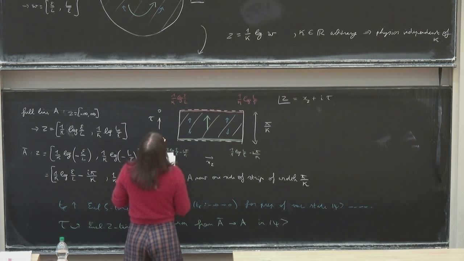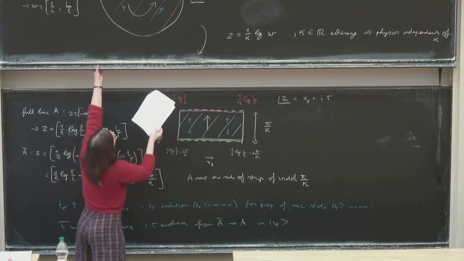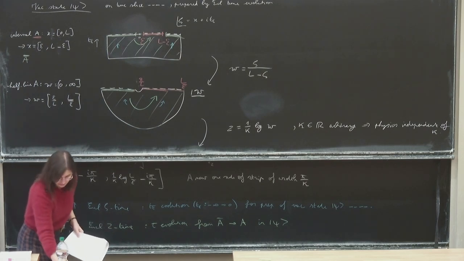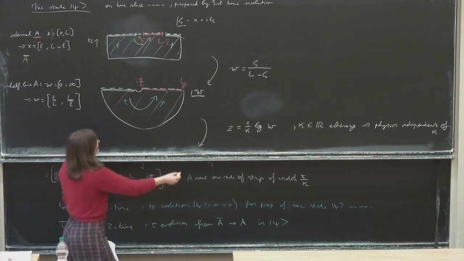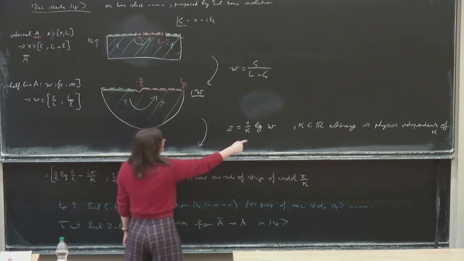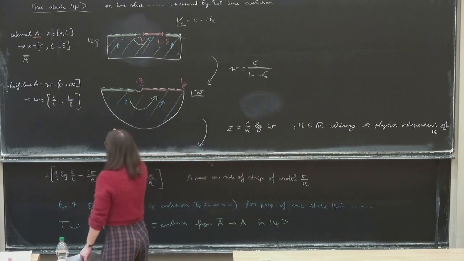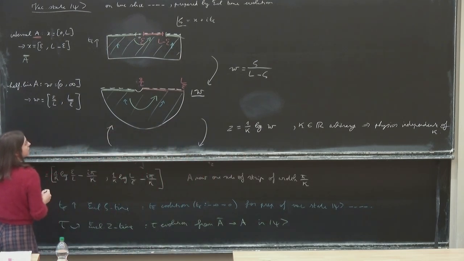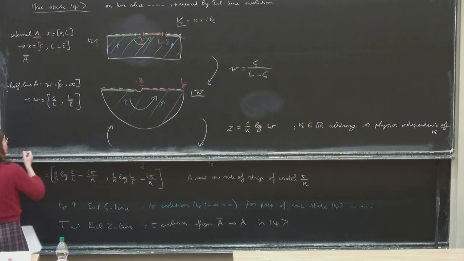Now let me look at the inverse map here. So I wrote this map from W to Z as Z being the log of W. So then, of course, the inverse map will be the exponential, but let me write it out.